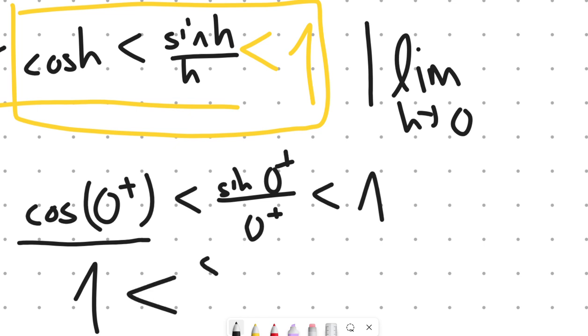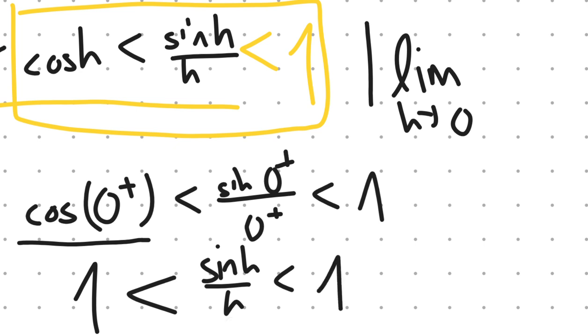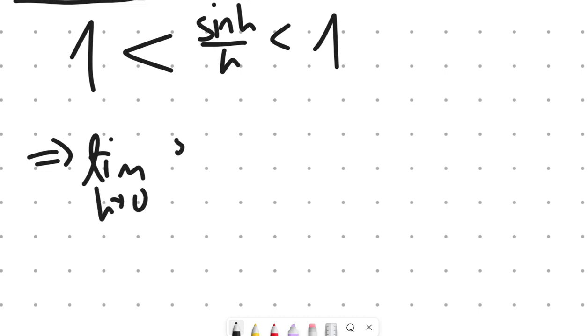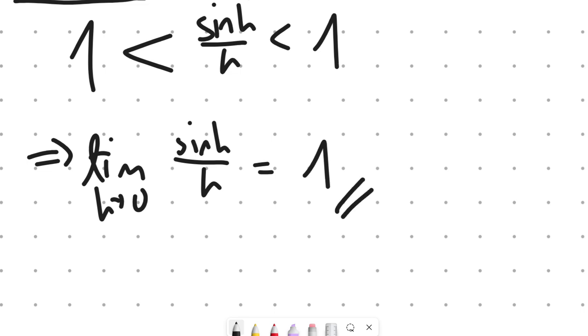So 1 is less than or equal to sine of h over h, which is smaller than or equal to 1. So we have squeezed both of the sides, and we see that the number is the same. So the limit as h approaches 0 of sine of h over h should be equal to 1. And since this is multiplied by cosine of x, times 1 is thus cosine of x.